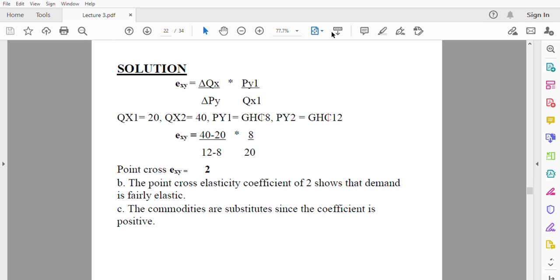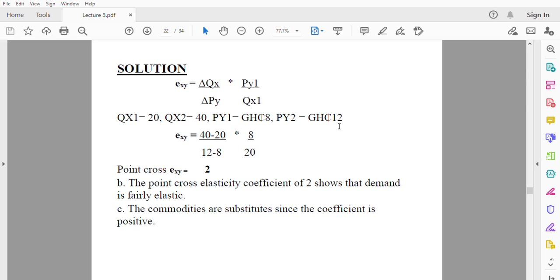First, we will state the formula, then we will put all the information given together. So the initial quantity demanded of X is 20, and the quantity demanded increased to 40. The initial price of Y is 8, and the price increased to 12.